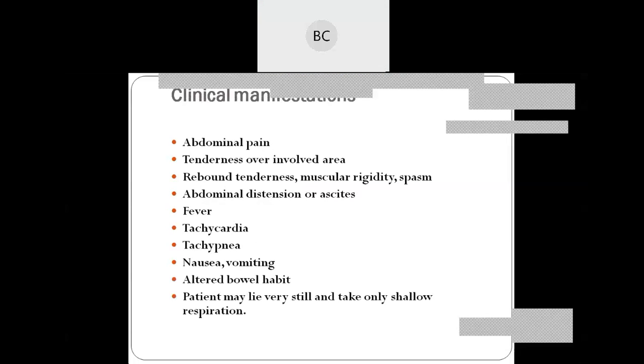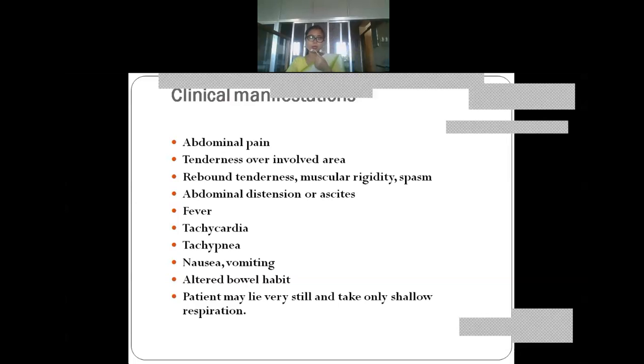Rebound tenderness means, suppose you are doing the physical examination of a patient and you are doing palpation of the abdomen. For palpation, we need to give some amount of pressure to the abdomen to palpate the abdominal organs.